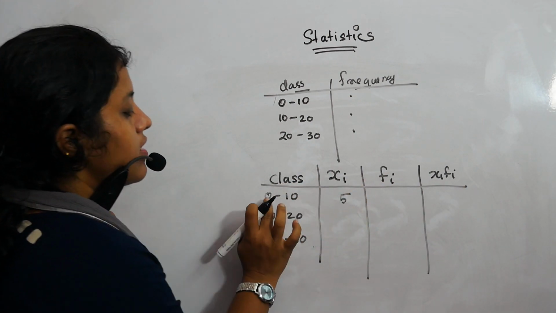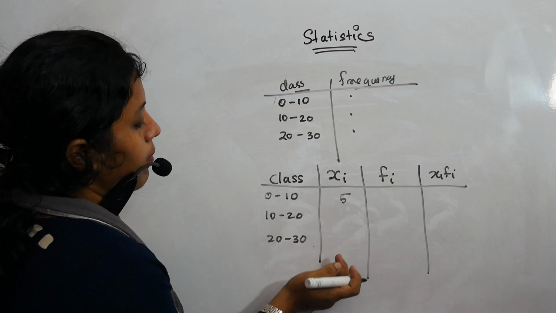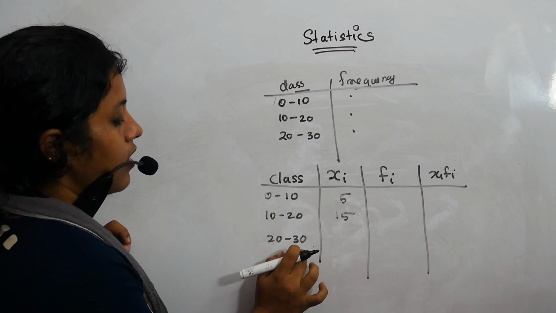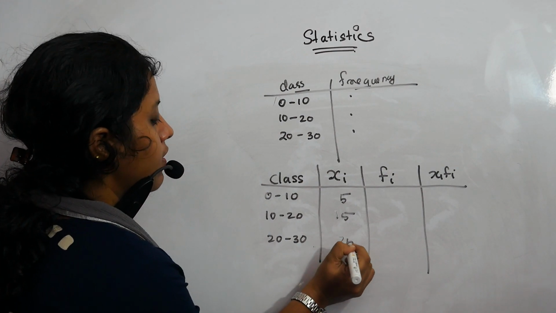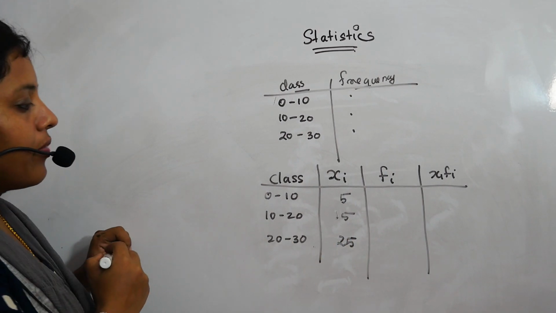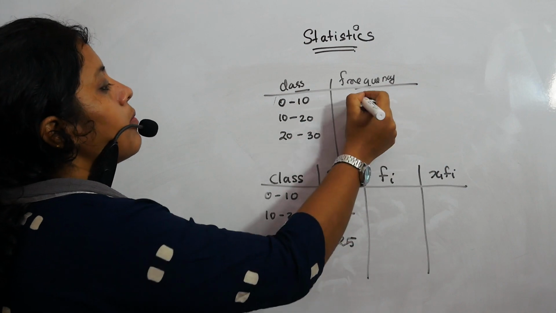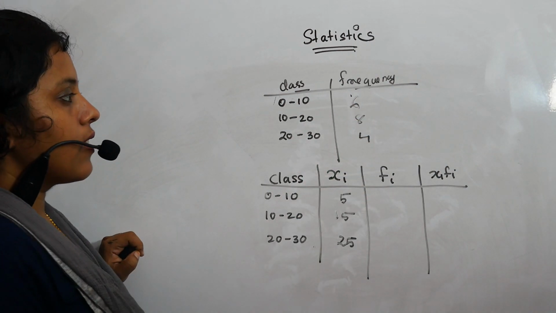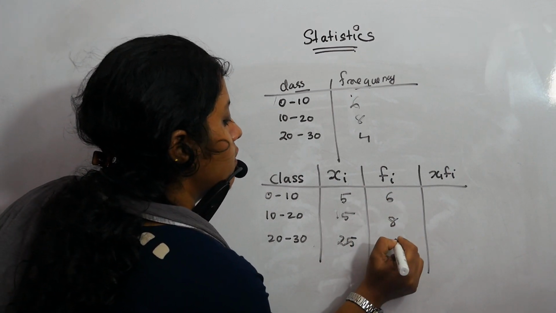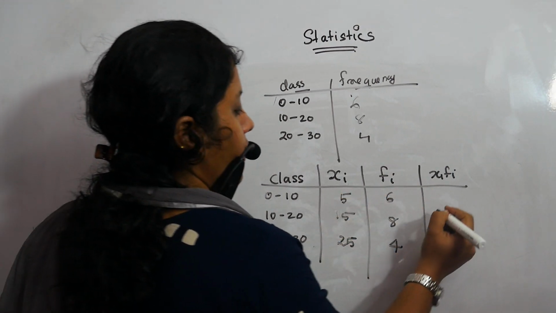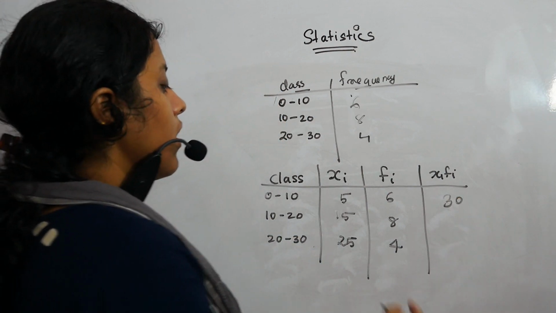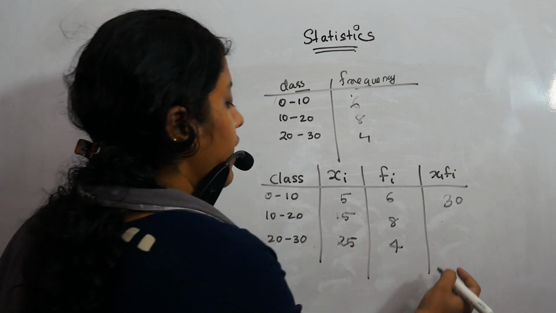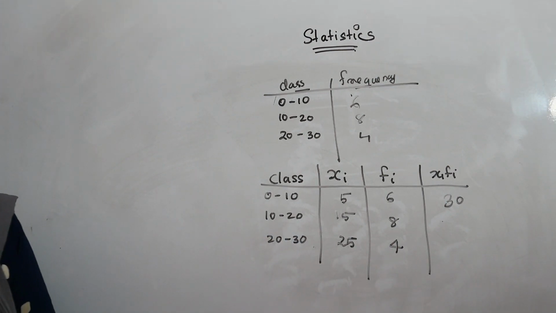So here 5, then 10 plus 20 by 2, that is 15, then 30 plus 20 by 2, that is 25. Then fi will be given here, some 6, 8, 4. Then you multiply: 5 into 6 is 30, 15 into 8 and 25 into 4.